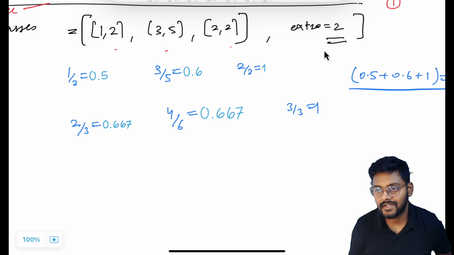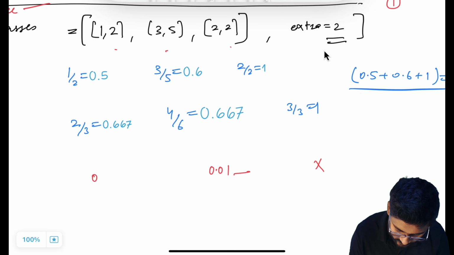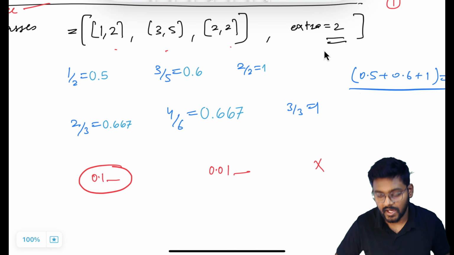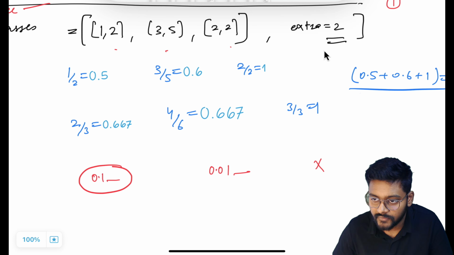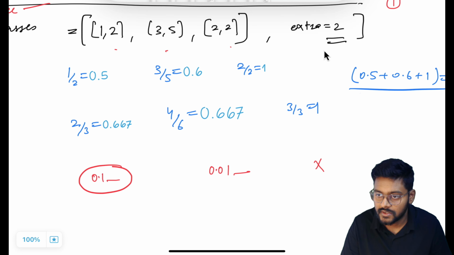In the third one, there is no change. So this is the biggest change. It means I will assign the extra students in the first class. Okay. So how we can assign these extra students? Keep assigning the students to a class where we are getting maximum hike in the passing ratio.